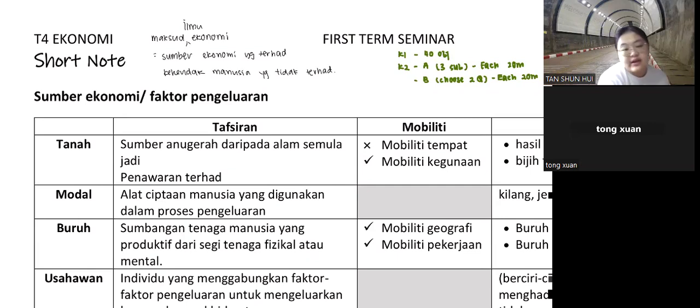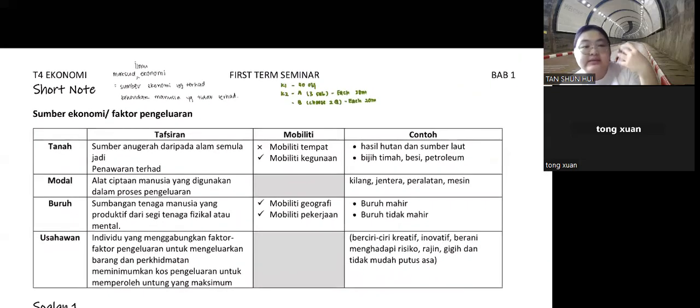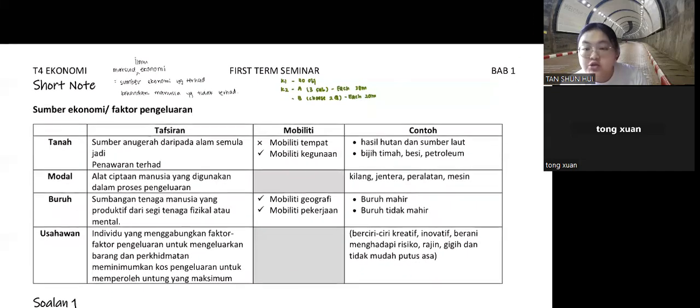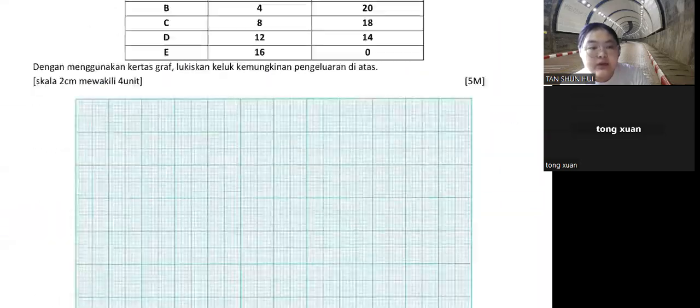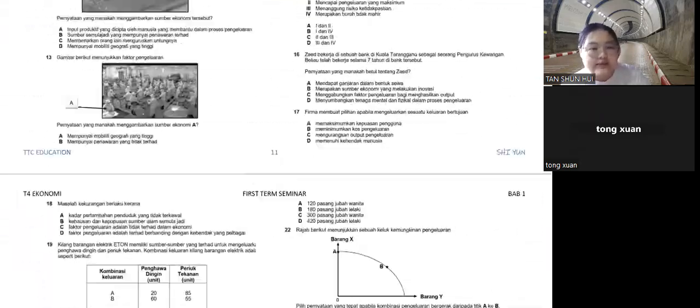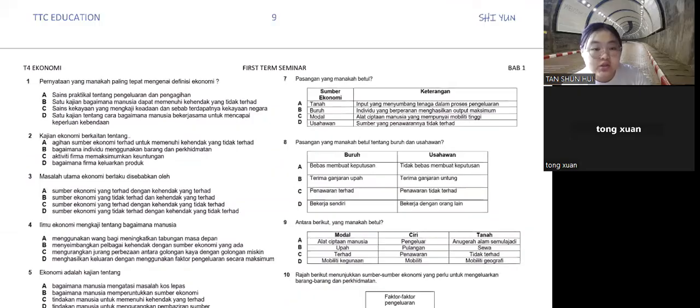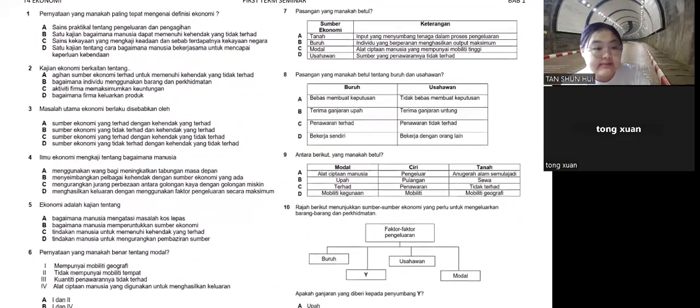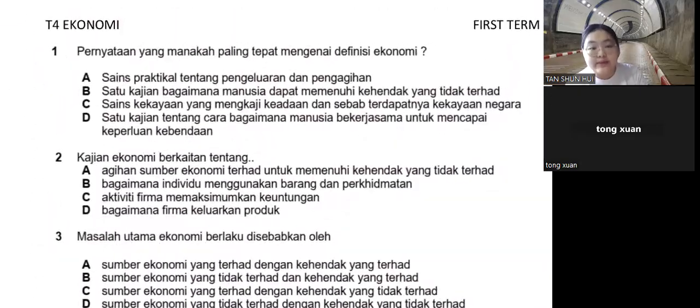most of the time will come out in multiple choice. If you want to look at an example question, I'll show you an example. You can have a look at the example question on your page 10. They might ask you in this way: definisi economy or kajian economy, or even masalah utama economy.